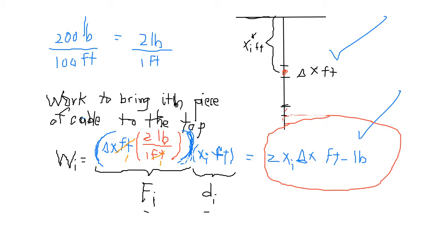Okay, here's another, gotta get this right. Here's another piece of cable right here. I'll call this piece of cable here cable piece 1, the one closer to the top. And I'll call the second piece of cable piece 2.